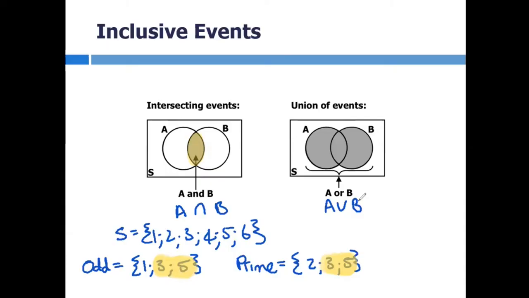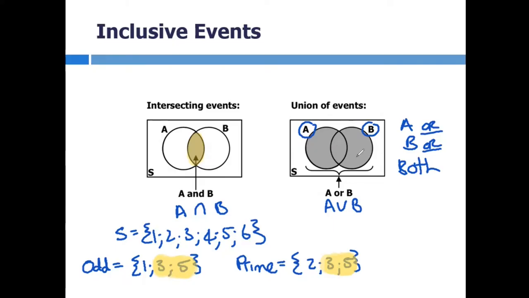So A union B means I can have anything from A or B or both. So union means it's either A only, B only, or it is both. So you can see they've shaded absolutely everything there.